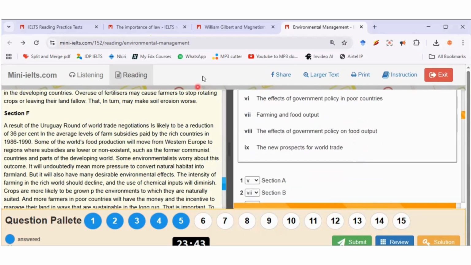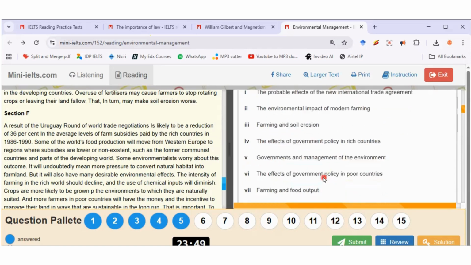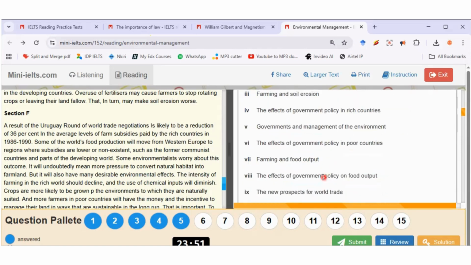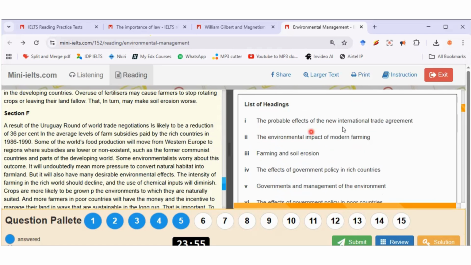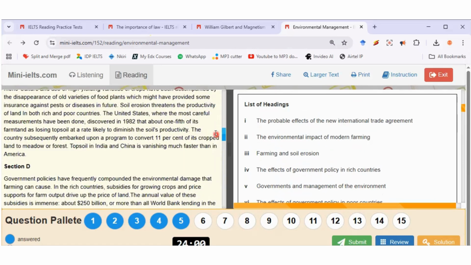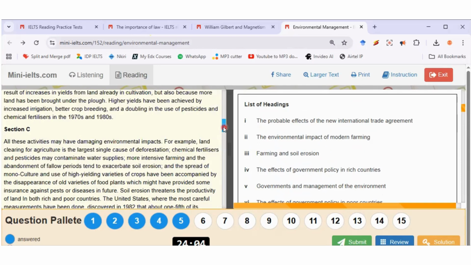So your matching heading questions, how do you do it? You go through the list of headings, identify keywords, register the keywords in your mind, and then come to the passage and read it paragraph by paragraph. After reading a paragraph, try and understand the information in that paragraph, and then summarize that information into one sentence. Try and say, okay, what does this mean? In one sentence, what does this paragraph say?